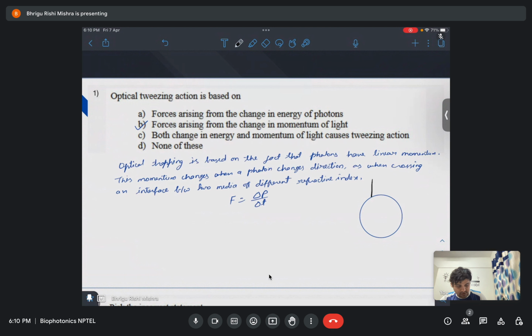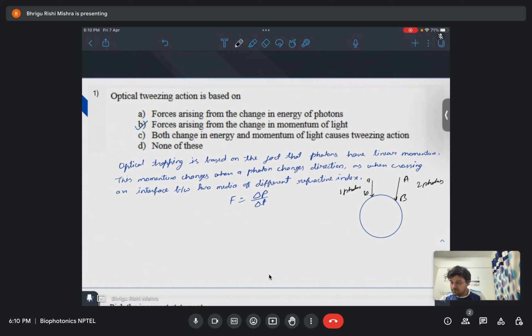This one is small a, small b, and this one is capital A, capital B. So here two photons, and here one photon. Obviously the force exerted by the capital A, capital B photons is greater than by the small a, small b photons.